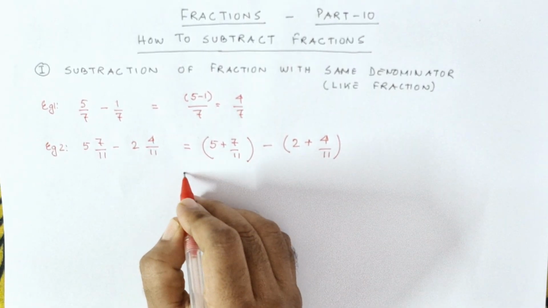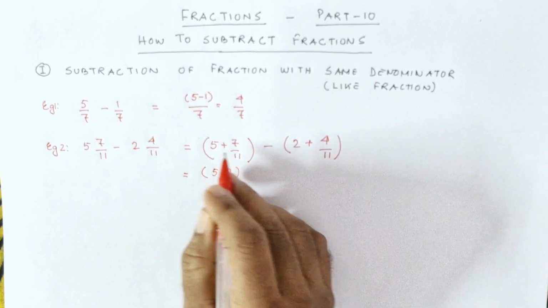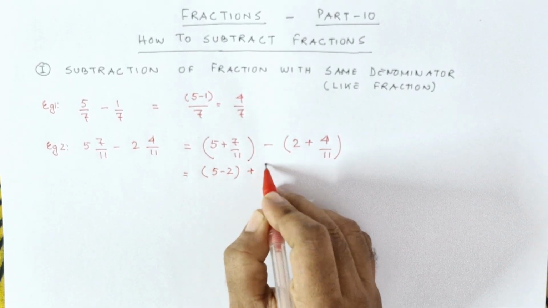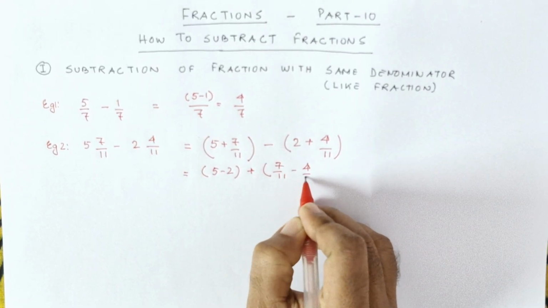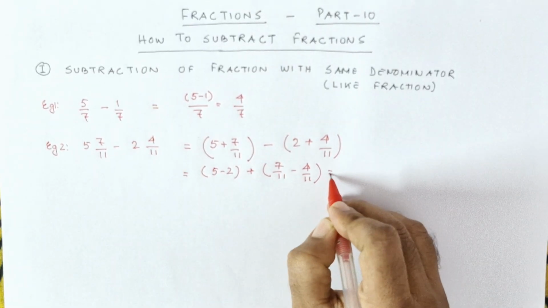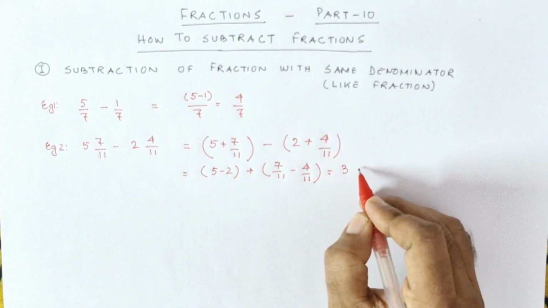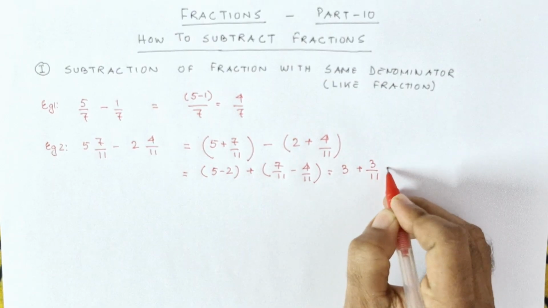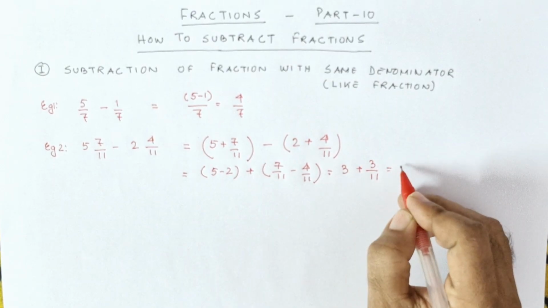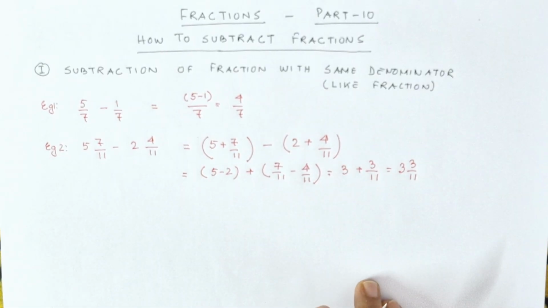So what we will do? 5 minus 2 plus 7 by 11 minus 4 by 11. Right? So 5 minus 2 is 3, 7 minus 4 is 3 by 11. So 3 whole 3 by 11.